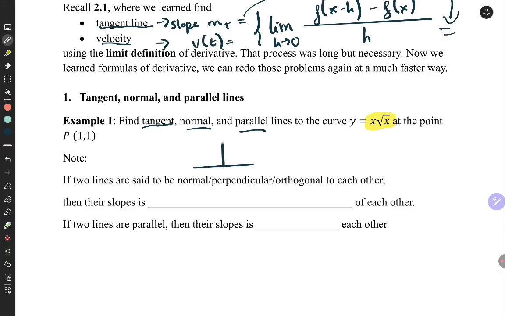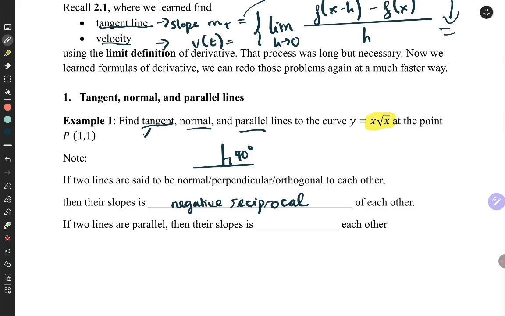There you go, two lines like that. If they are normal, perpendicular, or orthogonal to each other, that means they form 90 degrees to each other, then their slopes are negative reciprocals of each other.